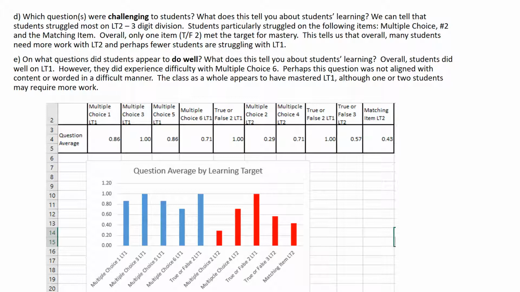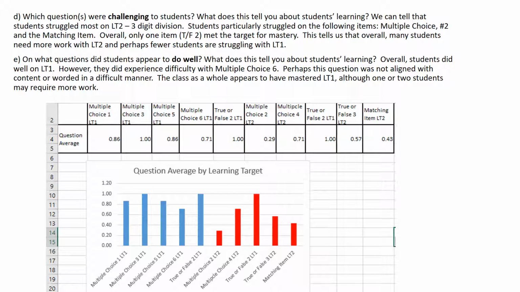Students particularly struggled on the following items: multiple choice 2 and the matching item. Overall, only one item, true false 2, met the target for mastery. This tells us that overall, many students need more work with learning target 2, and perhaps fewer students are struggling with learning target 1. Now let's turn to what students did well.